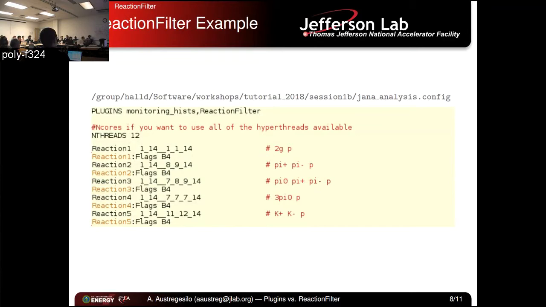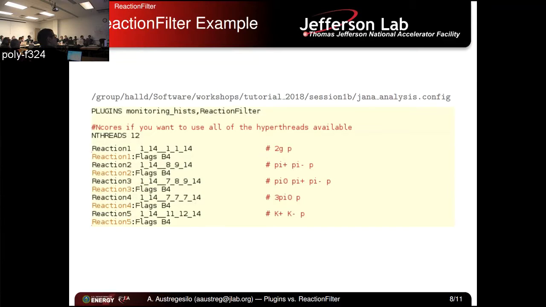This is an example config file that I put into the software folder that we provided for this tutorial. It's on the group disk as well in JLab, and this is just an example of how a config file for HD root can look.